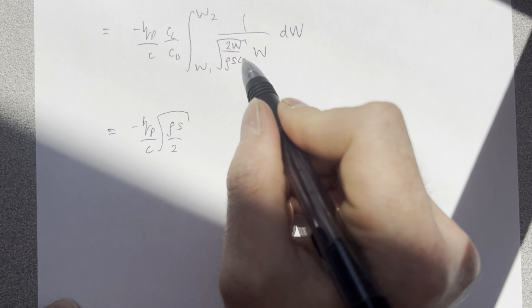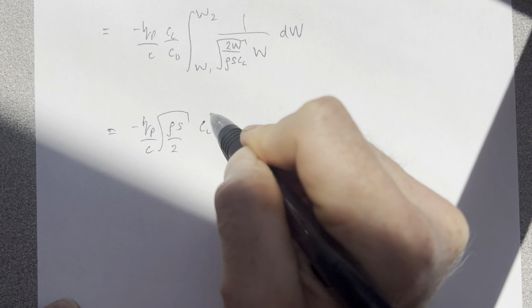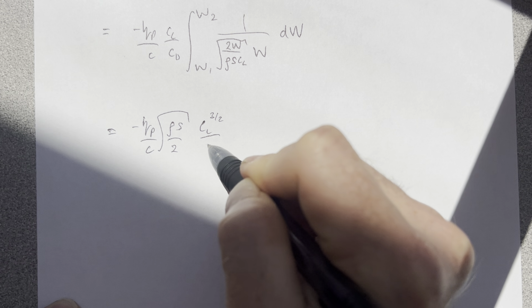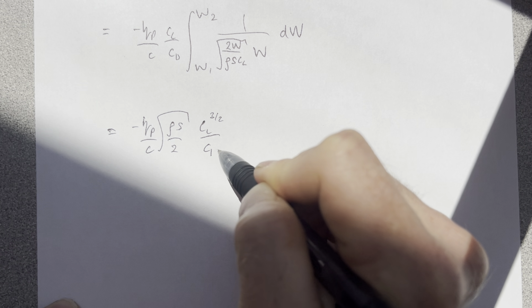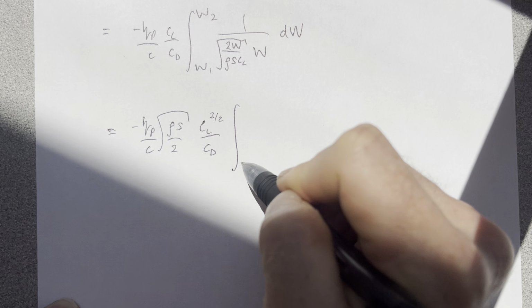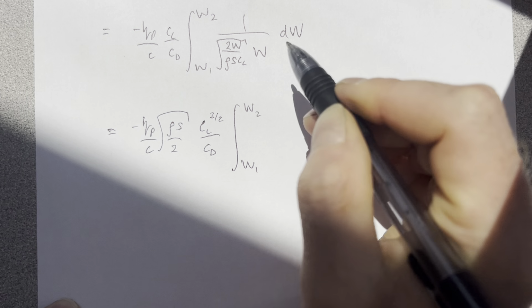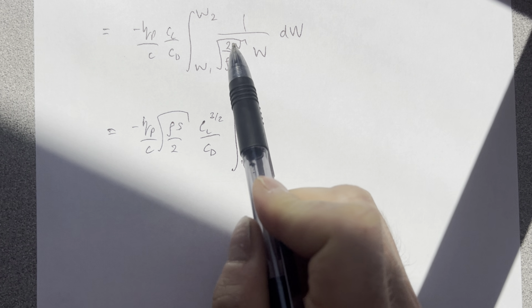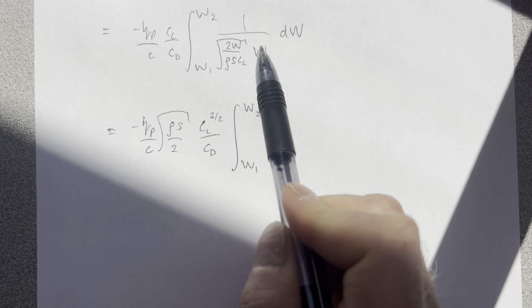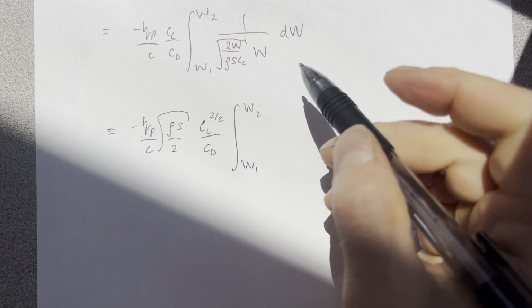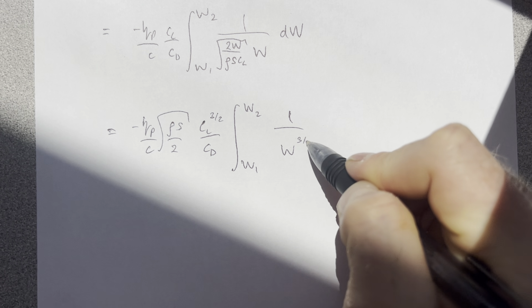So when I bring this out with the square root, that will give me CL to the 3/2 over CD. And then I have this square root of W multiplied by this W right here, so that will give me 1 over W to the 3/2.